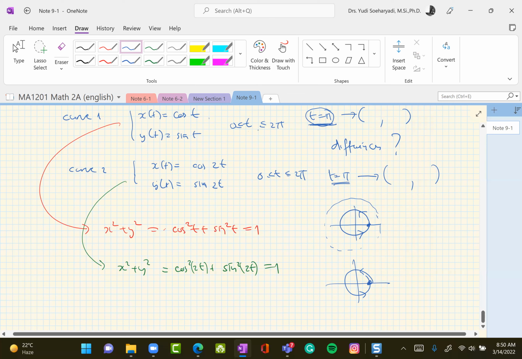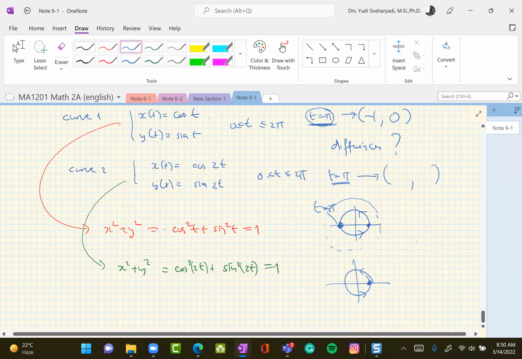Mid time between 0 and 2 pi. Is it negative 1, 0? Yes, negative 1, 0. So where are you located here? There. Yeah, there.